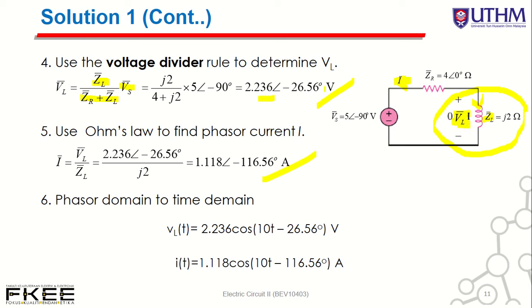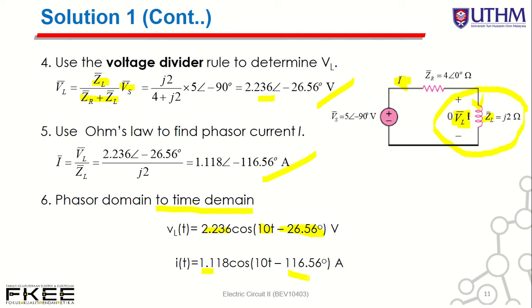So you have VL and I in the phasor domain, so you can transfer to the time domain. This is the magnitude, this is the phase angle, and ω equals the supply angular frequency. And then you can determine i(t), the small i, magnitude and angle.